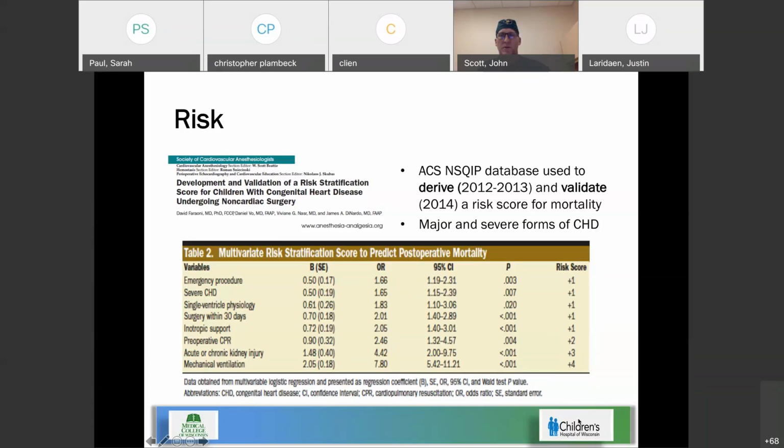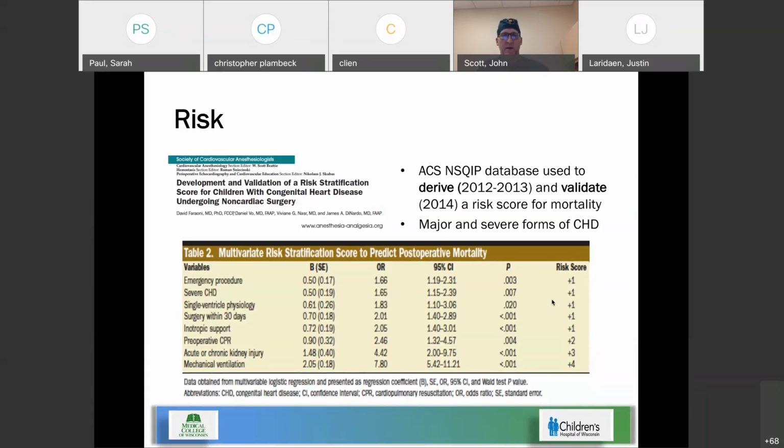The first 2 years, from 2012 to 2013, were used to derive a risk scoring system, and these were the variables that the derivation process generated to identify risk stratification.